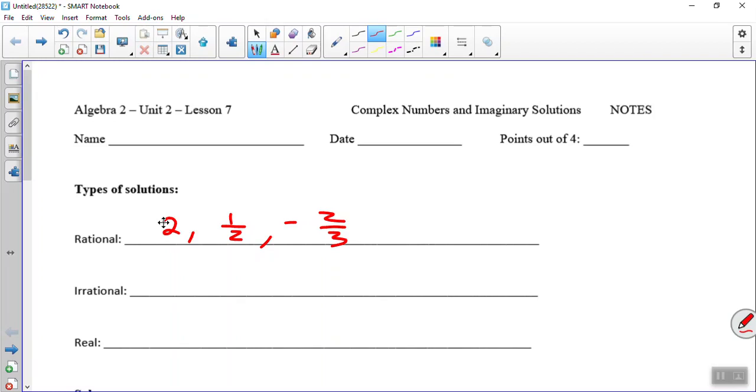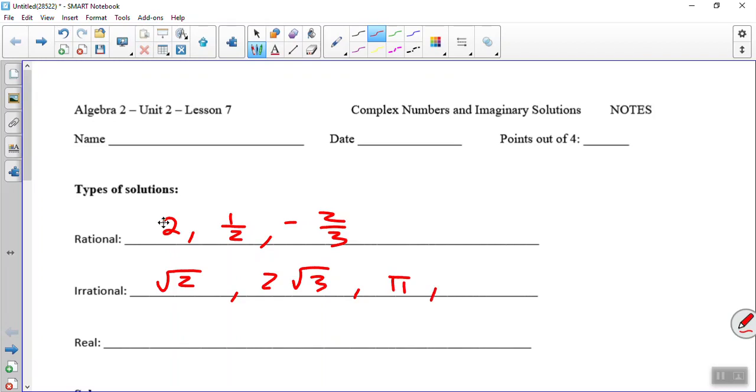We're solving by square roots, and by completing the square, you could have square root of 2, square root of 3. These are all irrational because the decimal for square root of 2 never ends and it doesn't repeat, okay? You could include a number like pi as an irrational number.